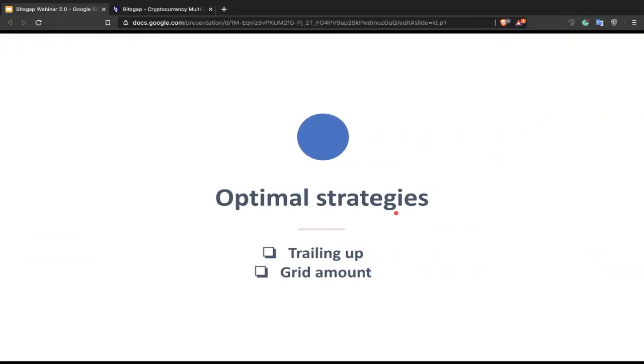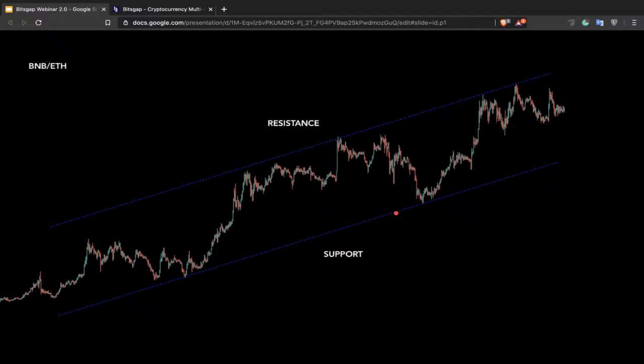So now we go to the next interesting topic, which is about optimal strategies and the features that we have to maximize your returns and to protect you from the falling market. As I've mentioned, the optimal market scenario to launch the bot is when the market is moving upwards. Like in this example, we have BNB trading to Ethereum.